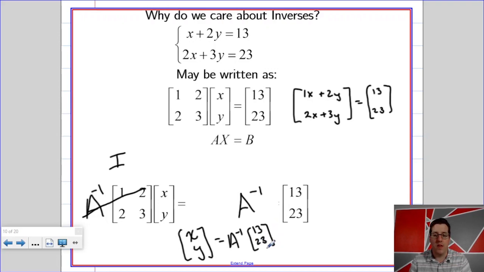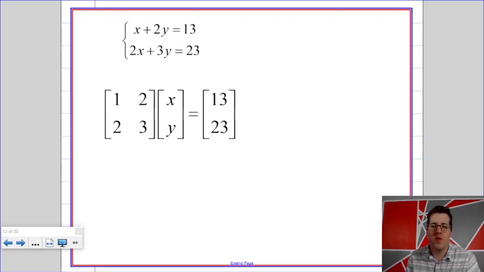It takes solving a system from being something that takes steps and planning and intuition into just a matrix multiplication problem. So let's take a look at how you would solve this system using just matrices and inverses. So for starters, you're going to write your equation in matrices.